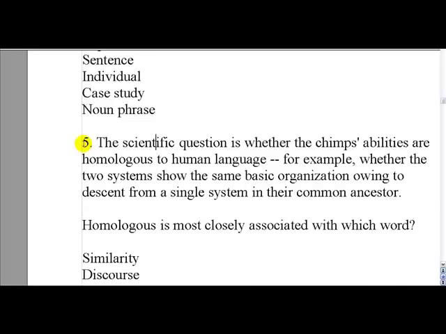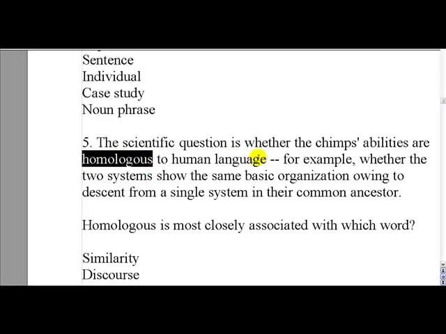Okay, our question with number 5 is, of course, what does homologous mean? It says the scientific question is whether the chimp's abilities are homologous to human language. For example, whether the two systems show the same basic organization owing to descent from a single system in their common ancestor. You notice the word homologous here.